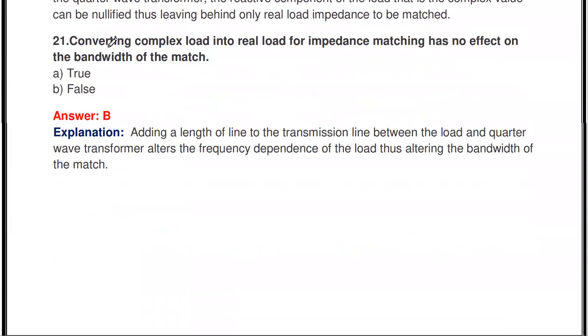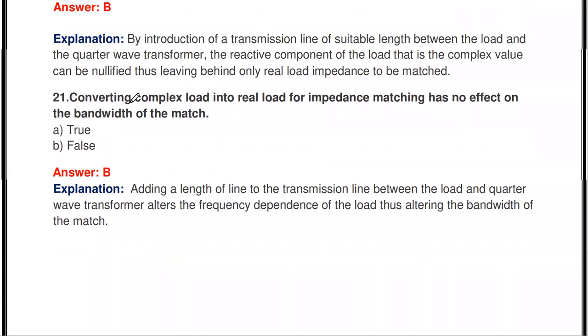The next one: converting complex load into real load for impedance matching has no effect on the bandwidth of the match. Here in the quarter wave transformer, if the load is complex, we can convert it into a real load. So that conversion has no effect on the bandwidth of the match. This is false.